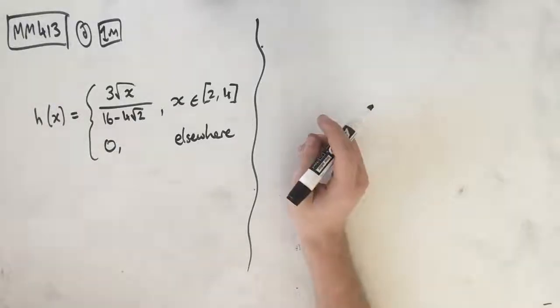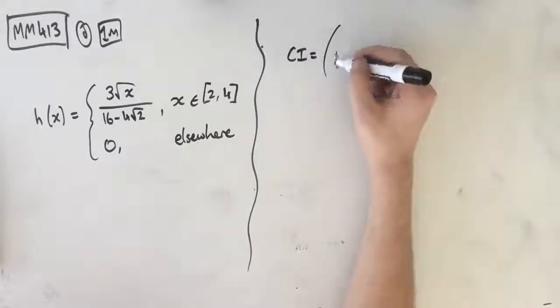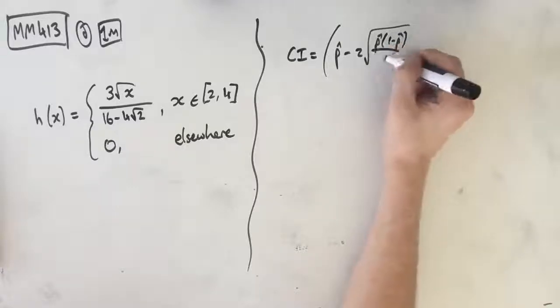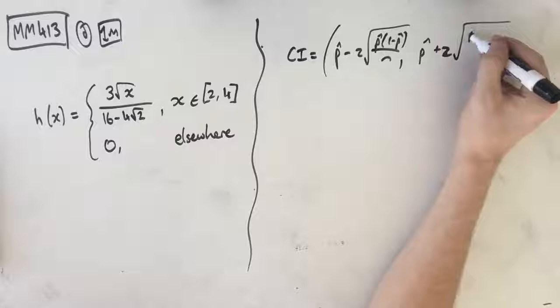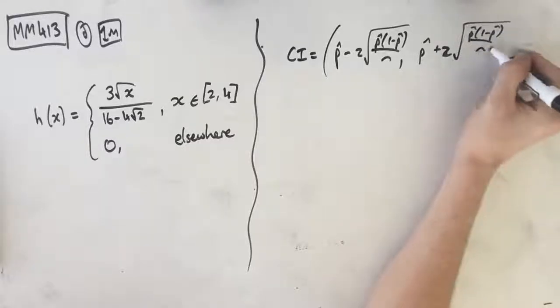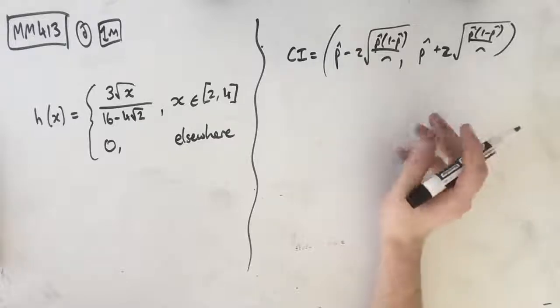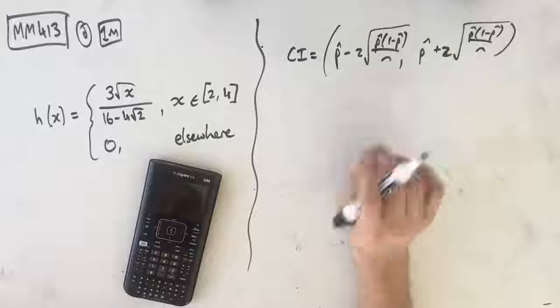The way to do this on your calculator, firstly, we're looking for a confidence interval. And I'll just rewrite this so that you can see it. And normally we would say that this is our confidence interval. And you can plug in all your values and you'll get the right answer. But you can do this quicker because it's a 1-mark question, and you can do this all on your CAS.